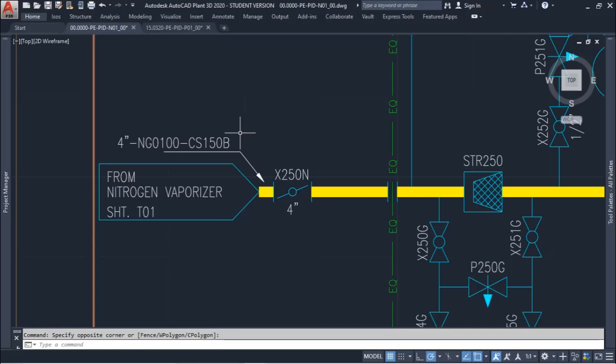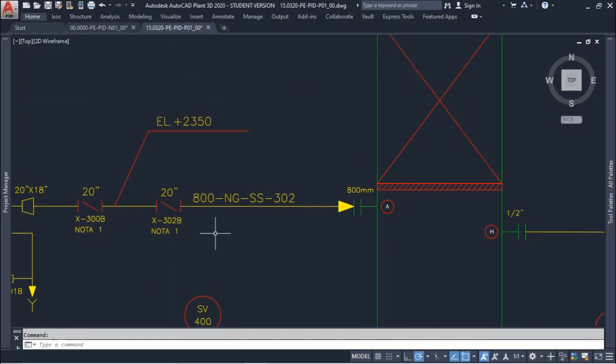And just to compare with the other project, let's see how the line numbering is. In this case, you can see that we have a similar structure from the previous P&ID, and in this case we have 800.